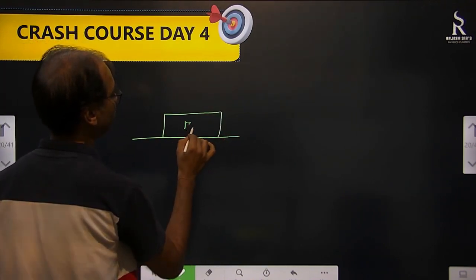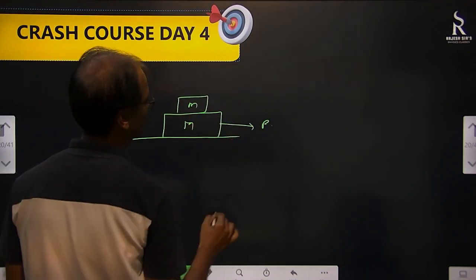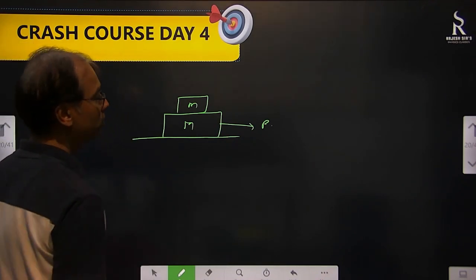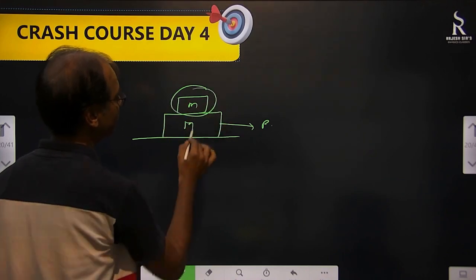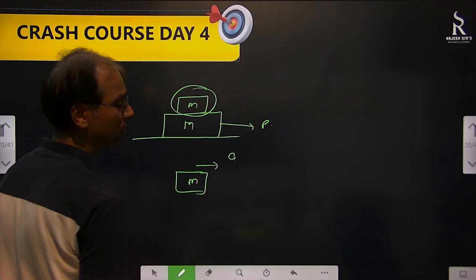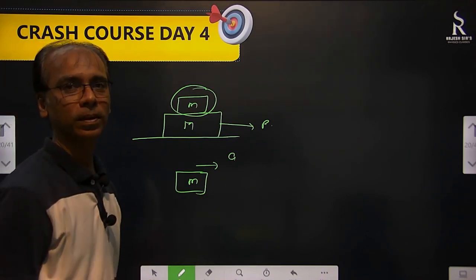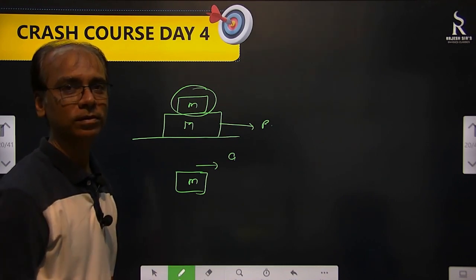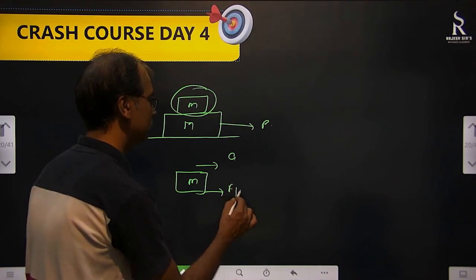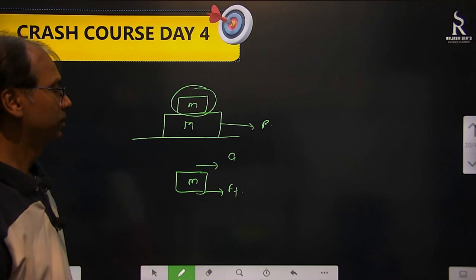When you say this is M and this is small m, when this force is applied on this one and both the blocks are going to move together, you need to ask yourself why this block is moving in this direction. Who is making it move? That's it. So where is friction? On the upper block. It's like this. This is the way to find it. Clear? Right.